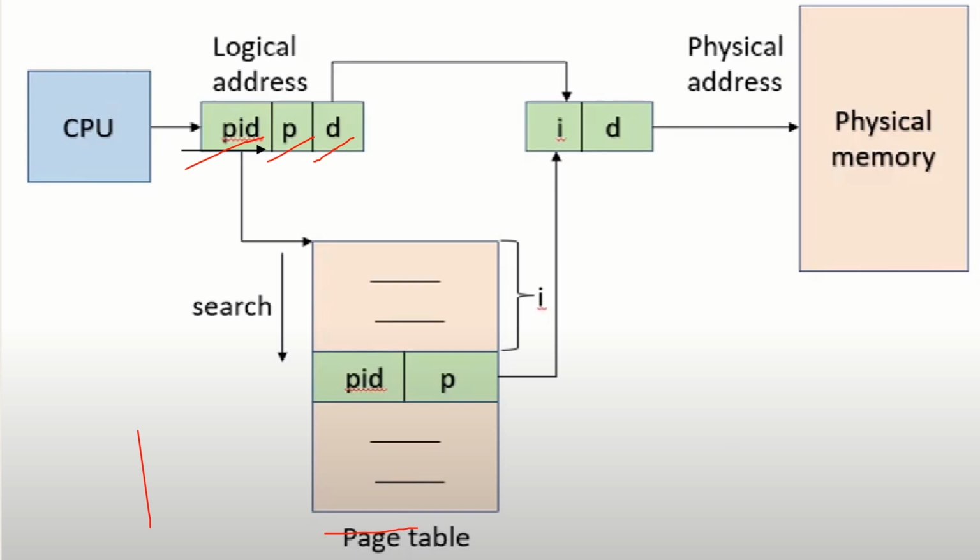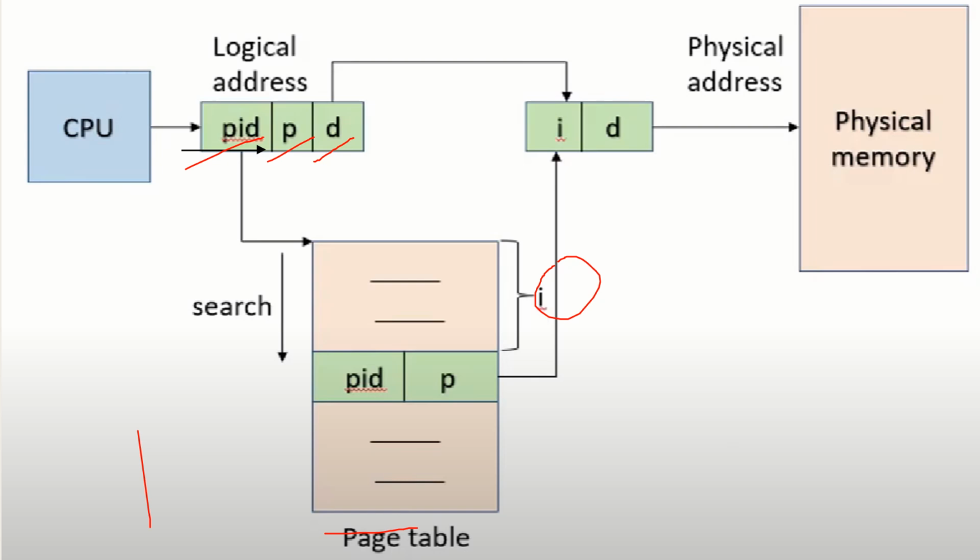This i will be the offset from the base, and it shows us the frame number, because the table, implemented as an inverted page table, gives us information about each frame.